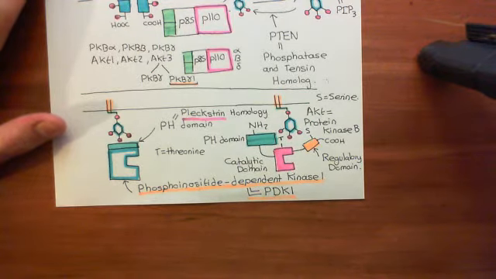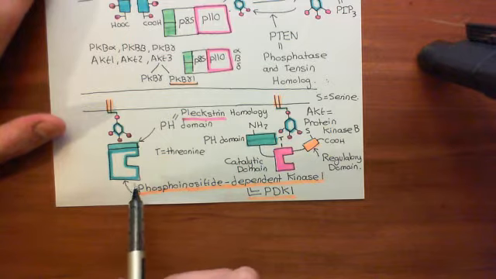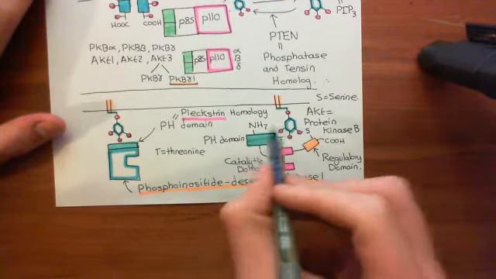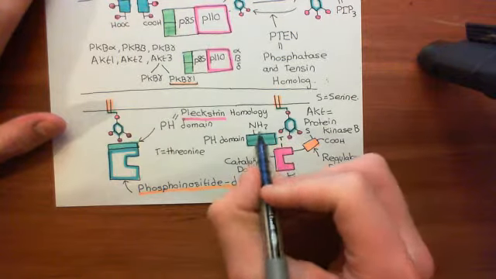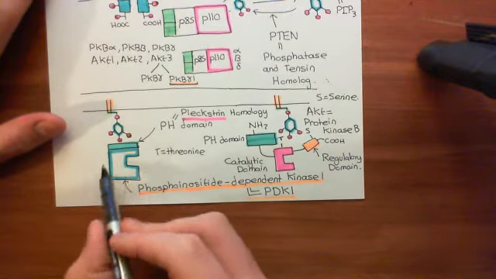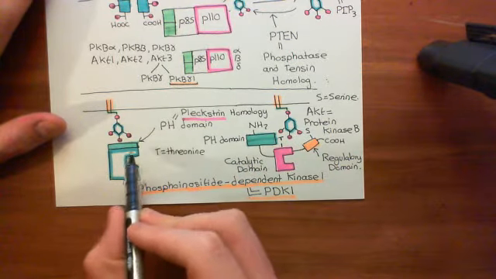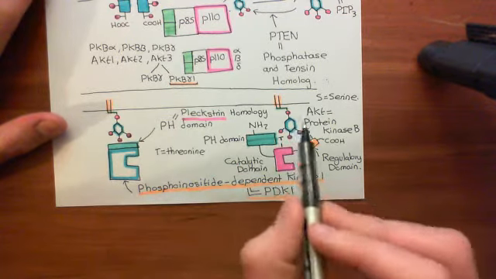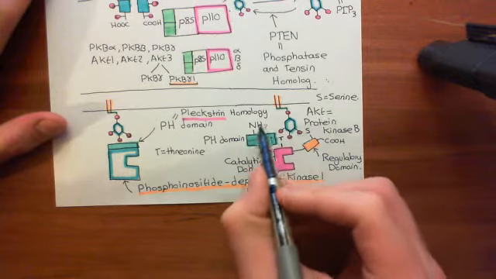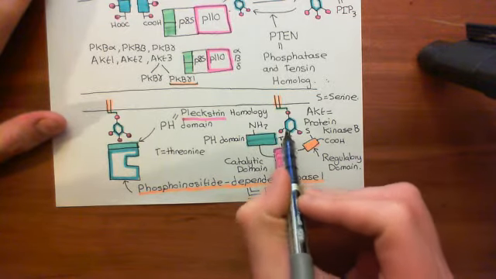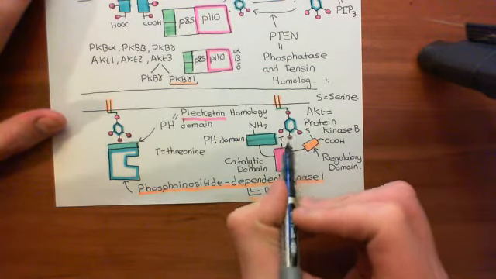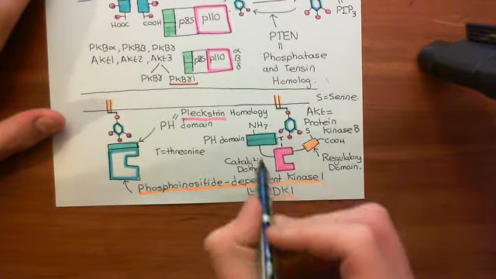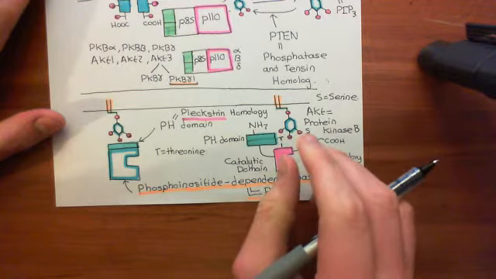Okay, right. So, what's now going to happen is that once you've translocated the protein kinase B up to the underside of the phospholipid bilayer, it's now going to be in the same place as the phosphoinositide-dependent kinase 1 enzyme. Now, another important thing to say is that when protein kinase B is recruited up to the underside of the phospholipid bilayer, this binding does change conformation a little bit.